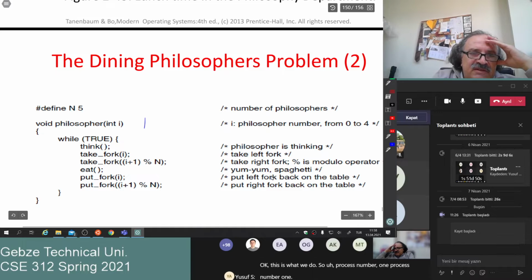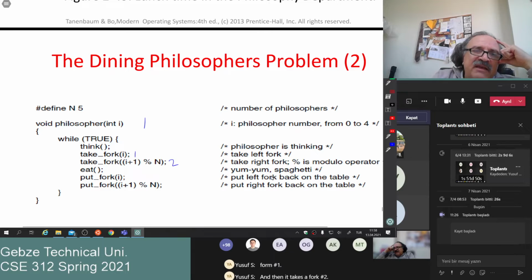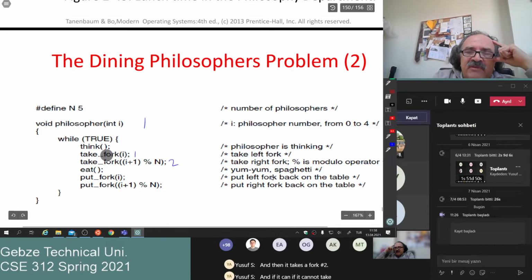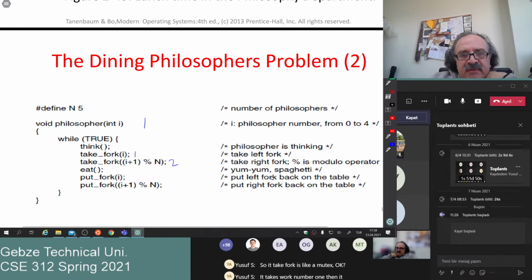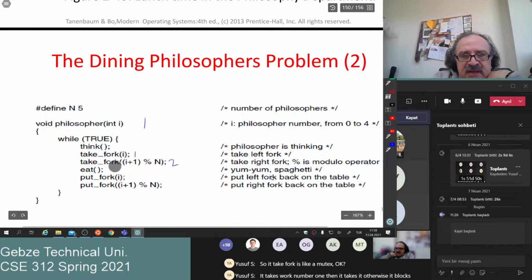It takes fork number 1, and then it takes fork number 2. If it cannot take fork number 1, it blocks. Take fork is like a mutex. If it takes fork number 1, fine, otherwise it blocks. If it takes fork number 2, fine, otherwise it blocks.